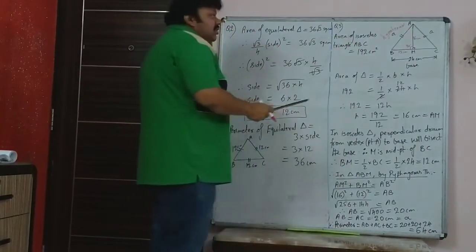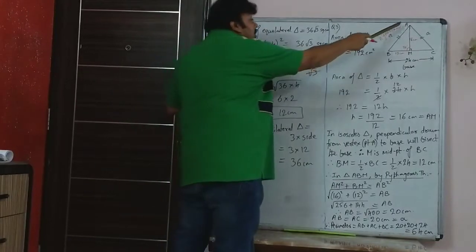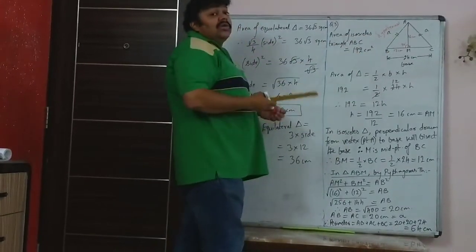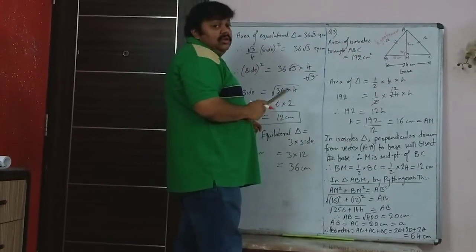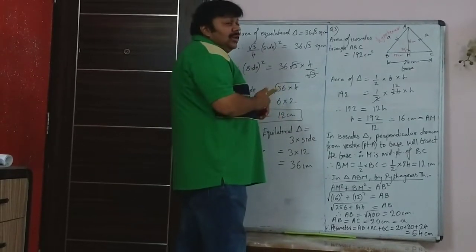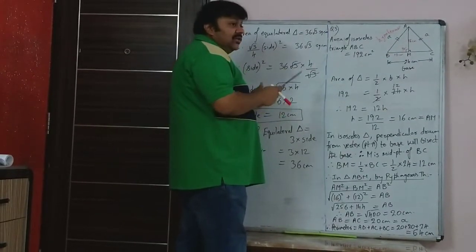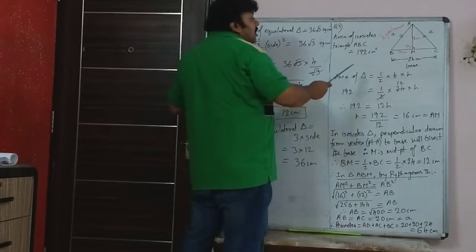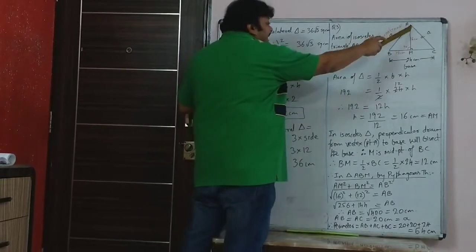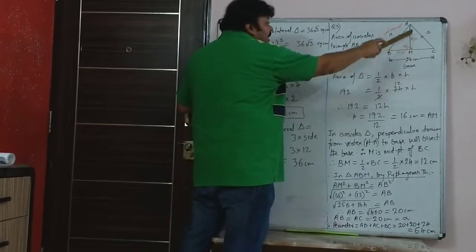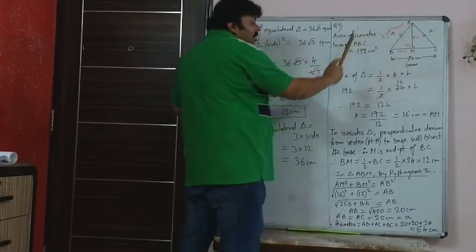So from this you can find hypotenuse AB by using Pythagoras theorem. What is Pythagoras theorem? You would have learned it in lower classes, but if you don't remember it, AM squared plus BM squared is equal to AB squared.